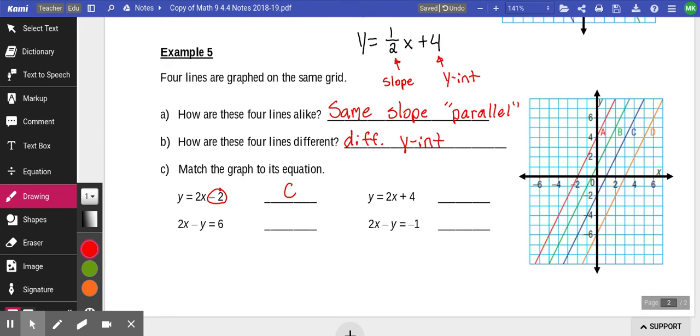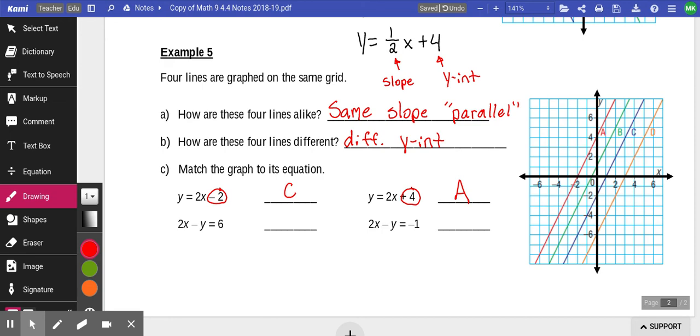That's graph C. You look at the equation beside it, right here. This one has a y-intercept of +4. Looking at my graphs, the y-intercept of +4 is graph A.